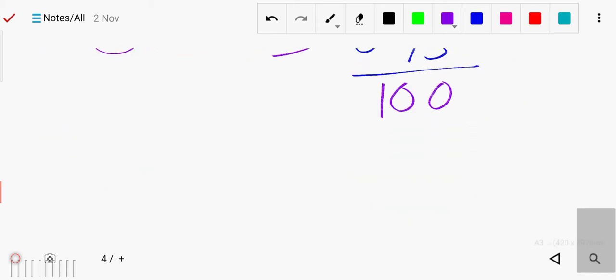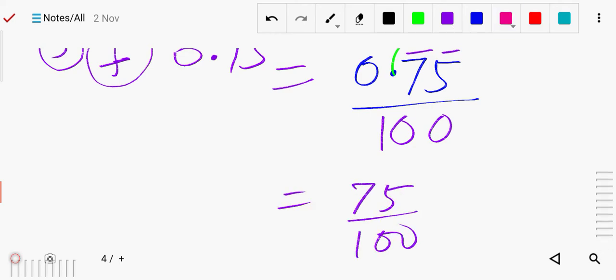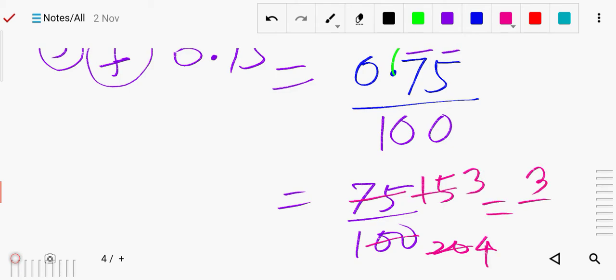Now your fraction is 75 by 100. Now you can divide by 5, so it will be 15 on top, 20 on the bottom, again divide by 5, 3 and 4, so it will be 3 by 4. Your answer is 3 by 4.